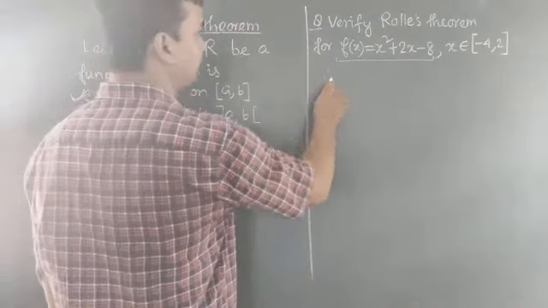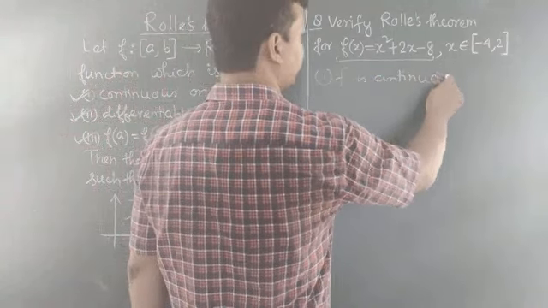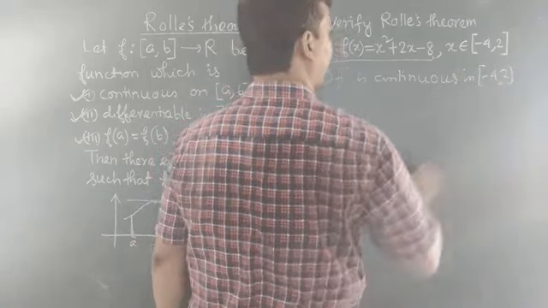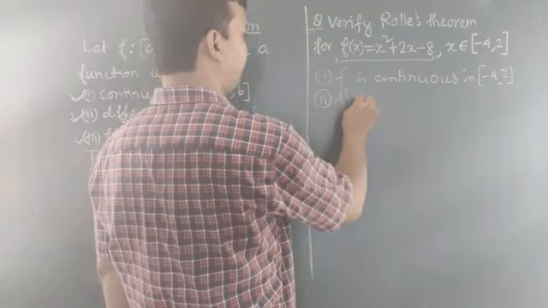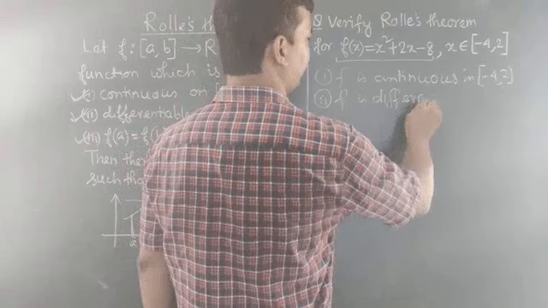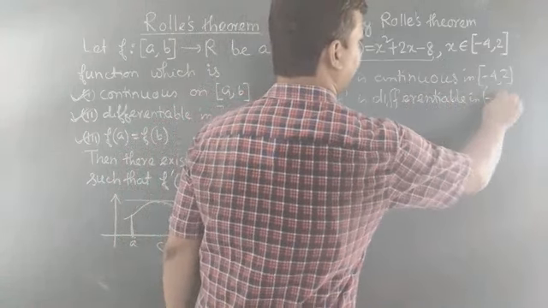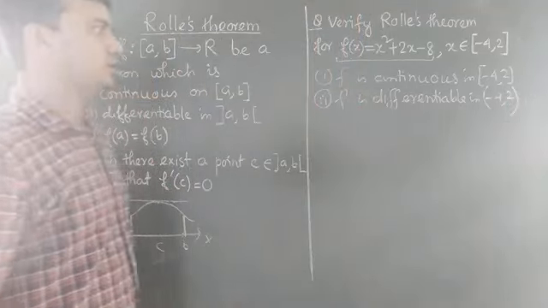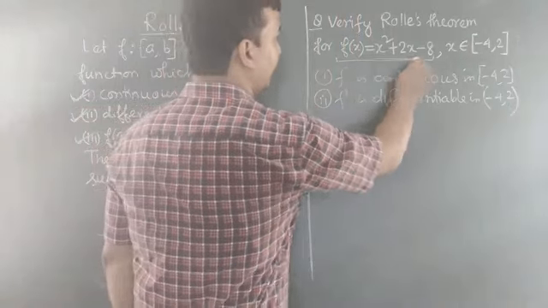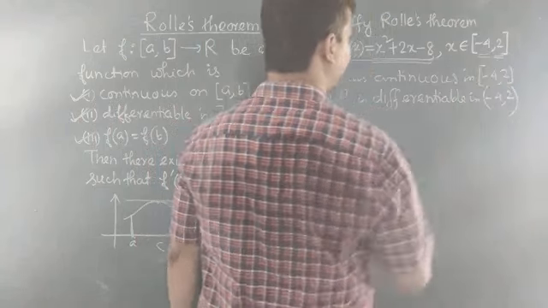So first condition, f is continuous in the closed interval [-4, 2], and second condition, f is differentiable in the open interval (-4, 2). So these two conditions are satisfied by the given function, since the function is a polynomial function. Now a equals -4, b equals 2.